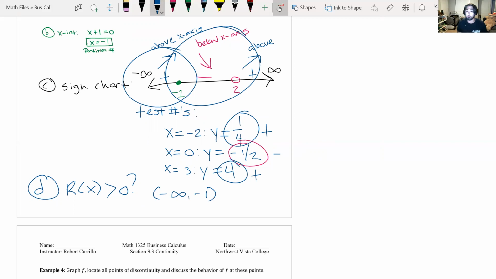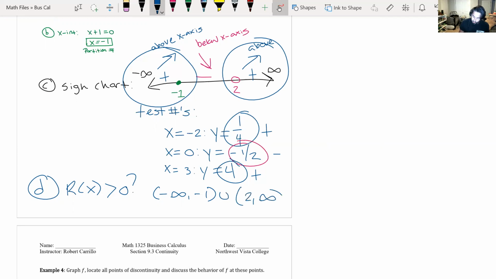We don't want that. We only want intervals that are above the x-axis. So we skip that and we come to that last interval. This says from 2 to infinity, we are above the x-axis. So we'll say union 2 to infinity.